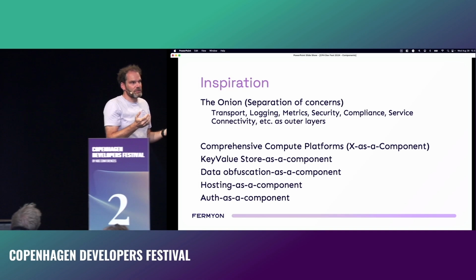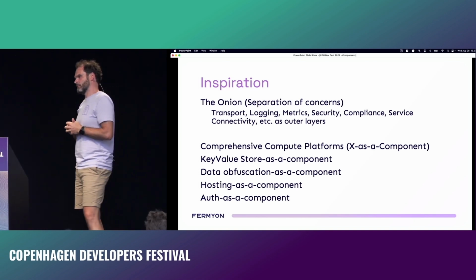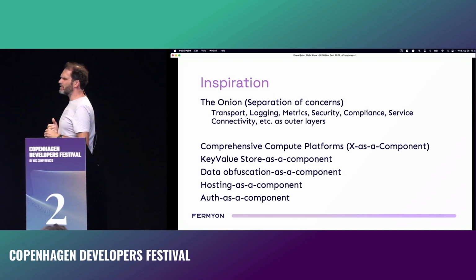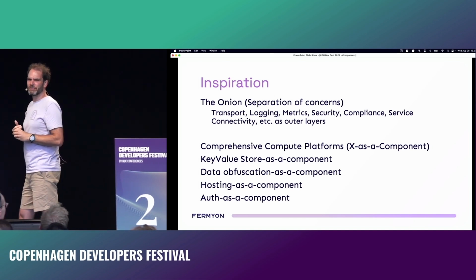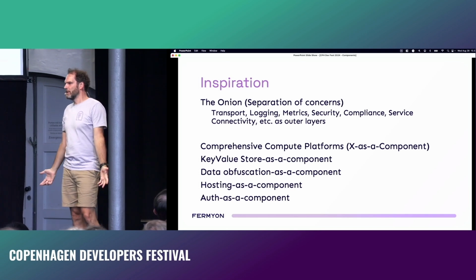One example is, with Spin, we ask people to implement HTTP handlers. It's like, why does every single developer who needs to build some kind of businessy type of workflow have to deal with HTTP even?